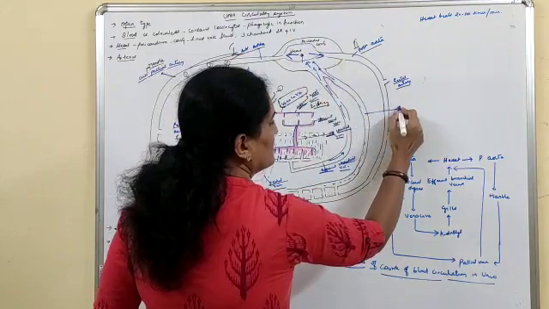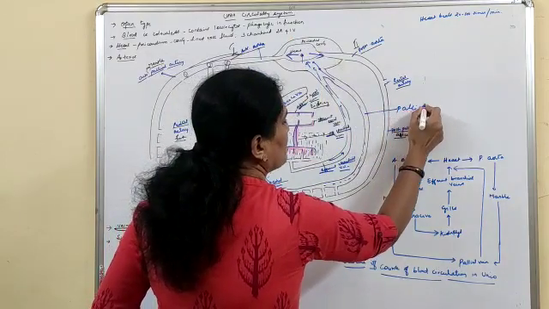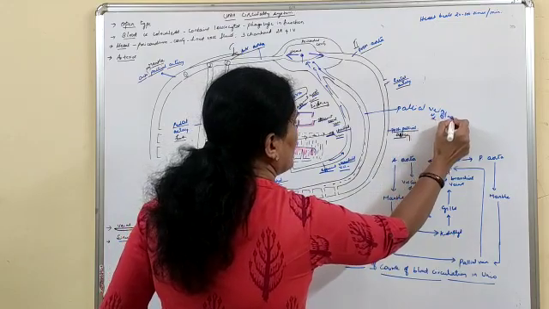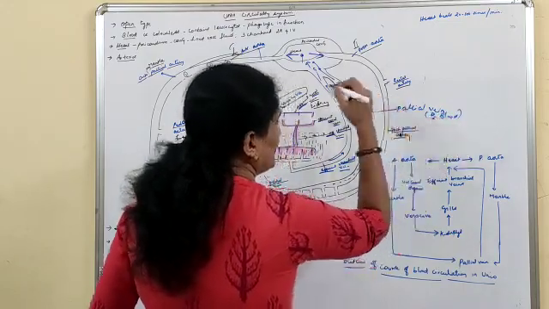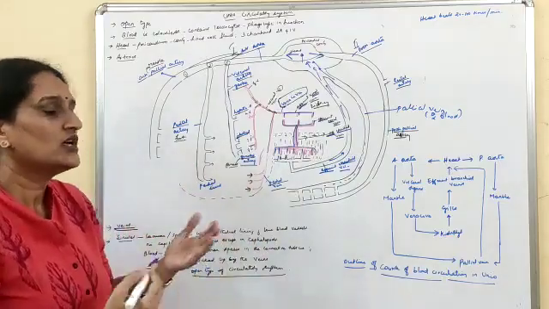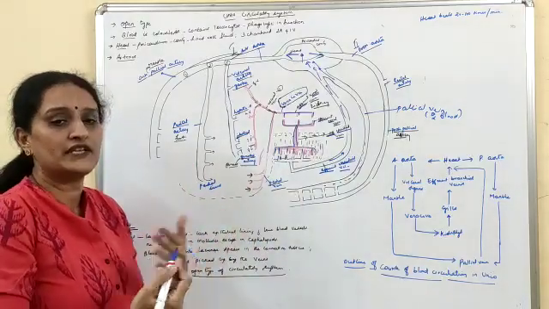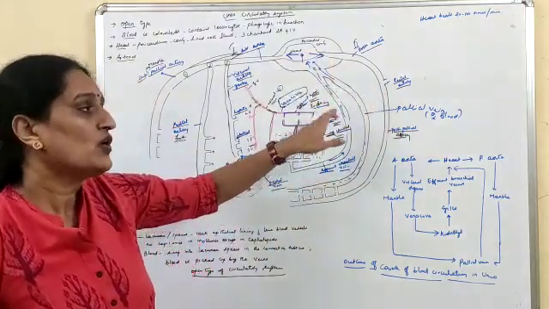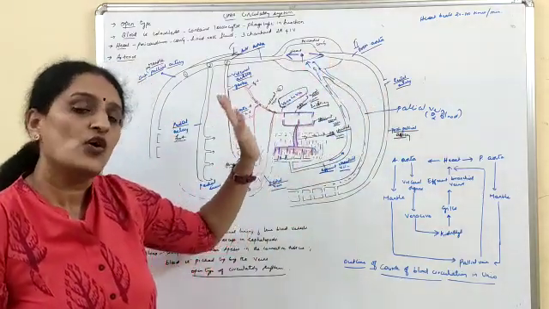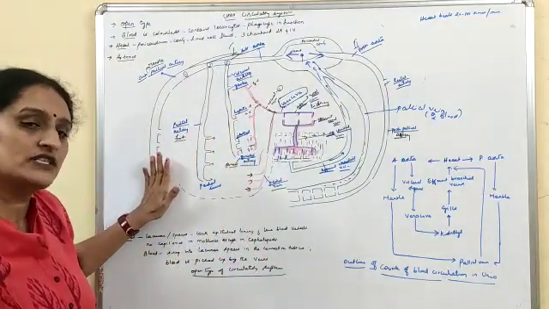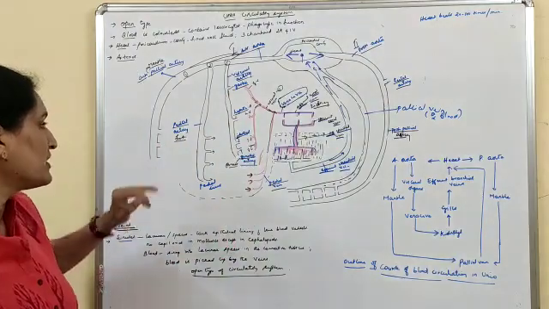This is nothing but the pallial vein which takes oxygenated blood into the auricle, because the mantle also has an ability to bring in this process of oxygenation. So from here it is supplied back into the auricle. So this is how the process of oxygenation takes place in Unio.